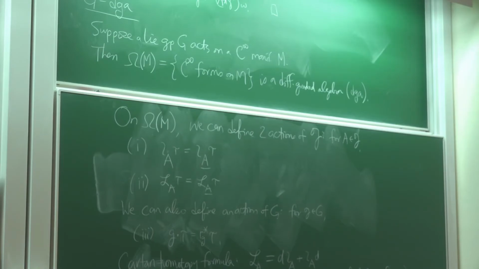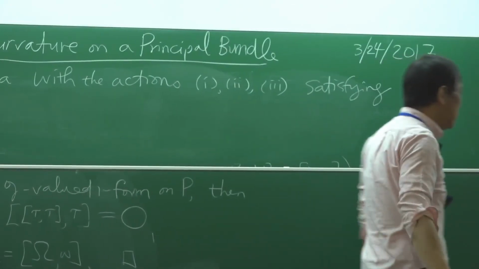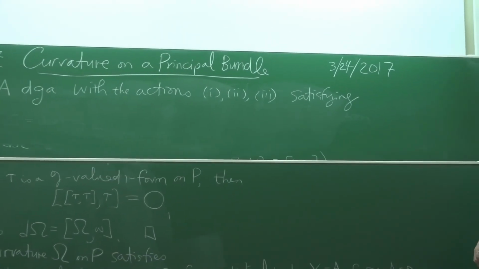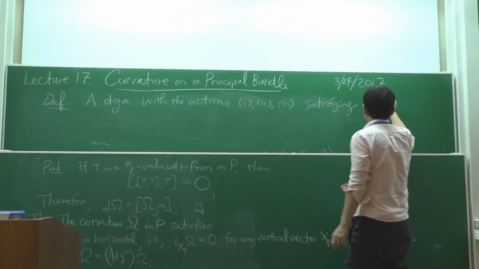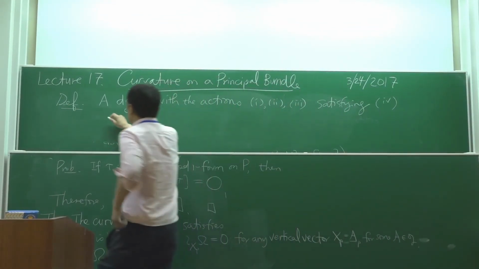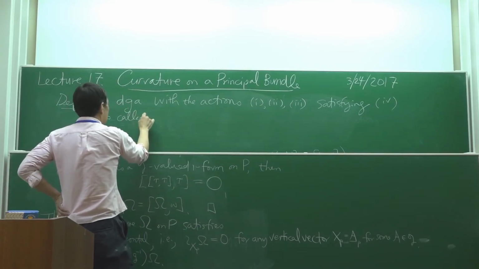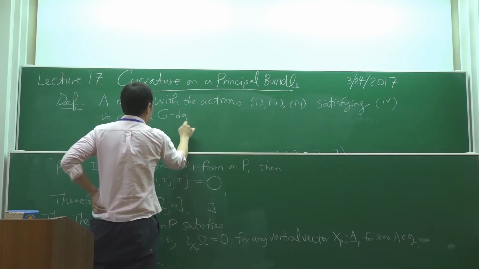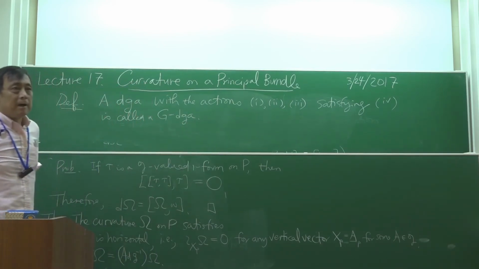A differential graded algebra with the actions 1, 2, 3 satisfying, let's call it, Cartan's formula 4, is called a G differential graded algebra.